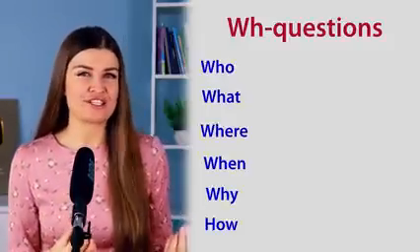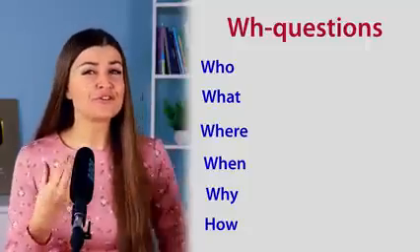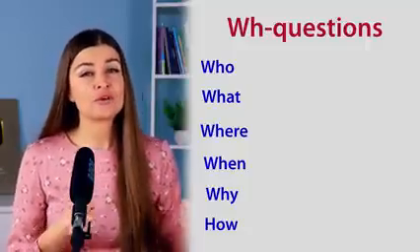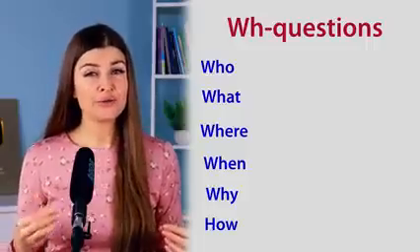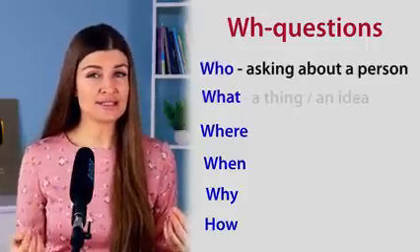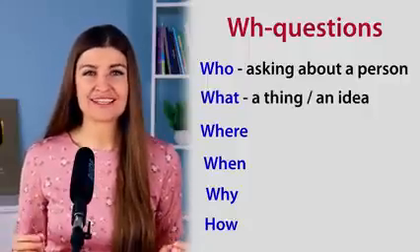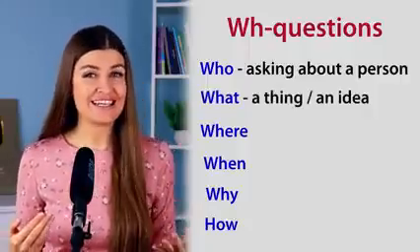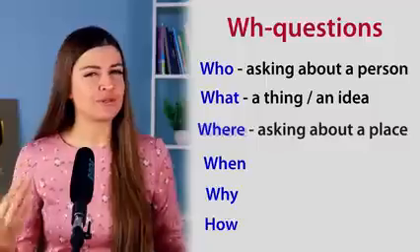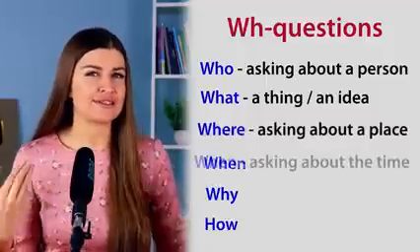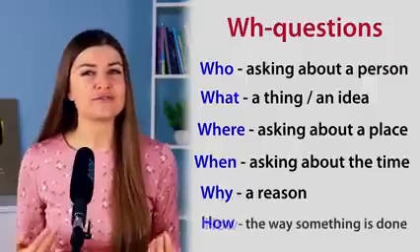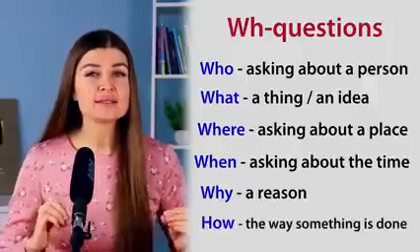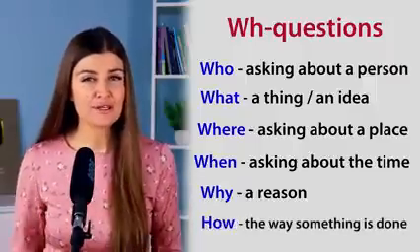We use these questions to find out more information about things, more details about something. For example, who is for asking about a person? What is for asking about a thing or an idea? Where is for a place? When is for the time? Why is for a reason? And how is for asking about the way something is done or happens.